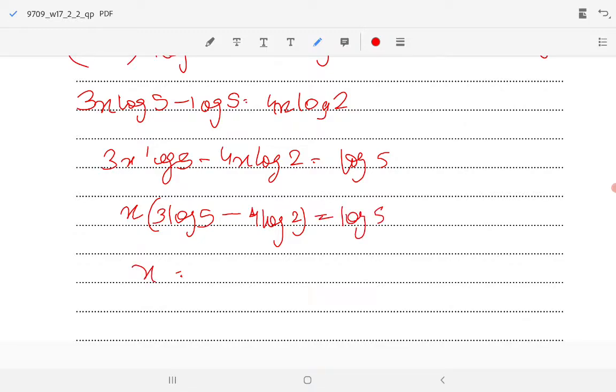So now we have x equals log 5 over 3 log 5 minus 4 log 2.